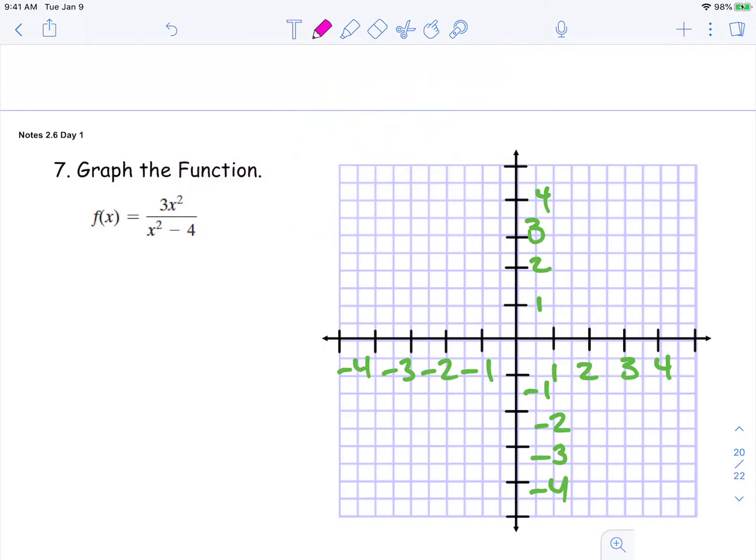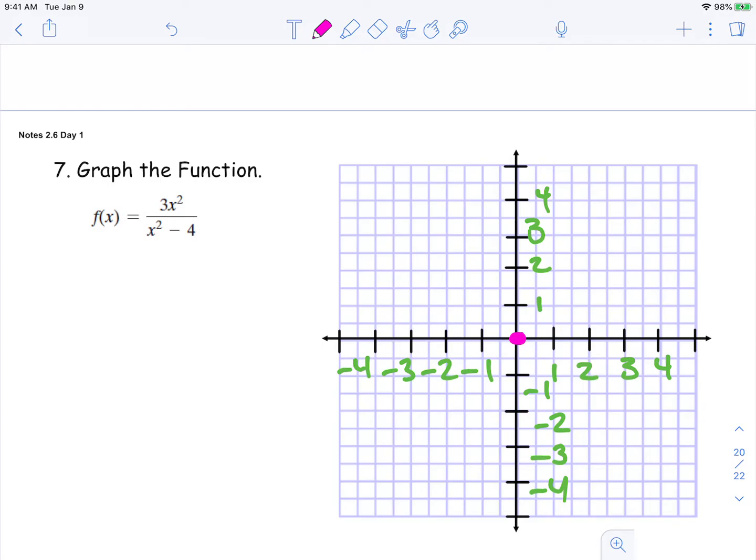Okay, so step 1 says there was symmetry about the y-axis, so we'll keep that in mind. We're going to move on to the y-intercept is at 0, 0. The x-intercept was also at 0, 0.